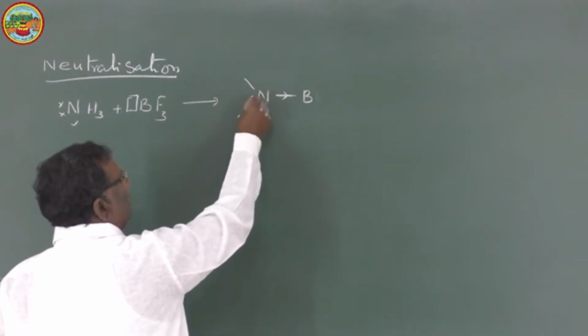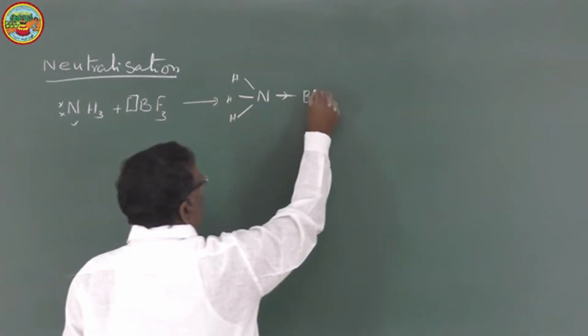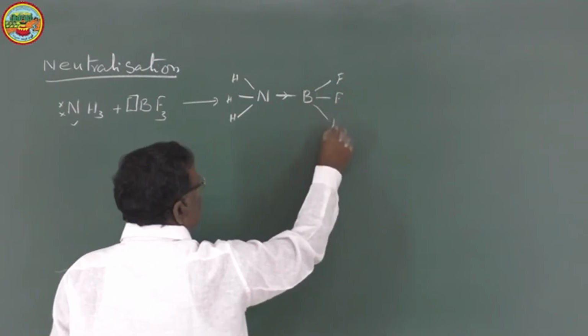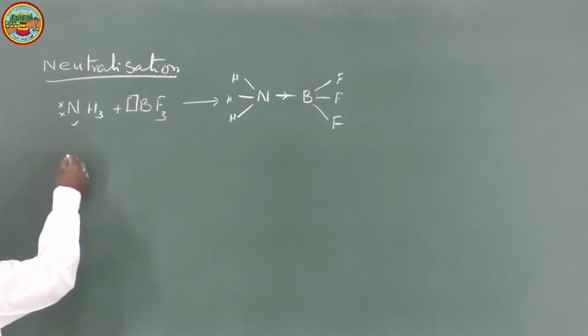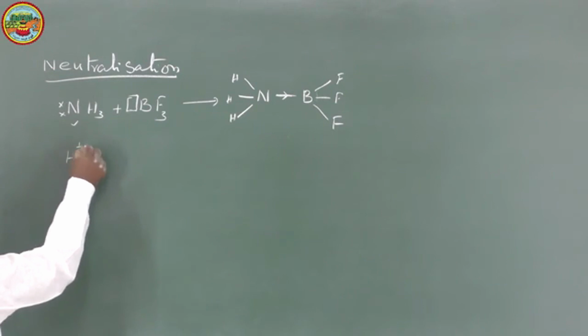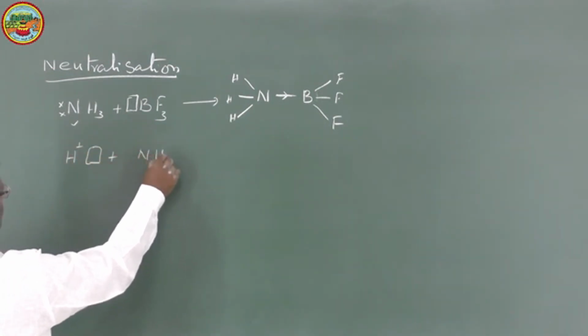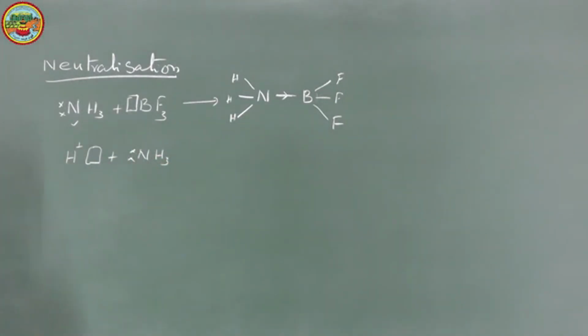Normal covalent bonds are present in BF3. So that reaction is considered a neutralization reaction. Similarly, we can observe the formation of NH4 plus. In the H plus ion, we have an empty orbital. In NH3, we have a lone pair of electrons in the valence shell of nitrogen.